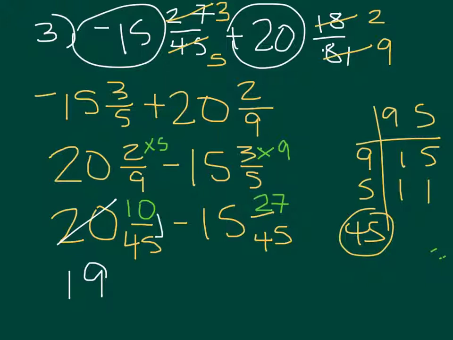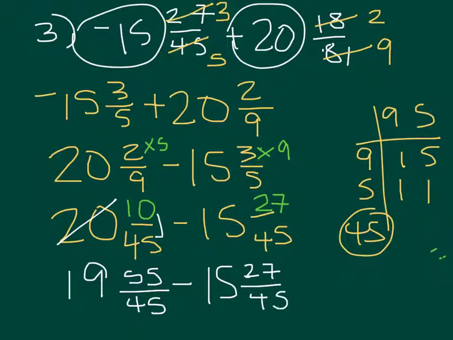We will, as a shortcut, consider those two numbers to be added. And now we can subtract. So we say 55 minus 27, it's 28.